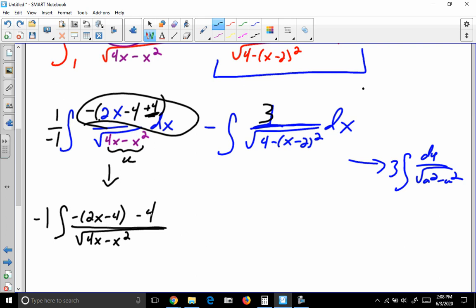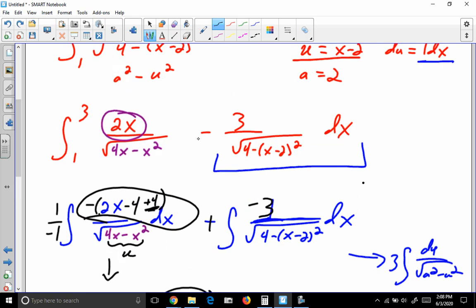This minus 4 we don't need in this integral, so we can just take it and put it over here with the other integral as part of its numerator. So just to make life simpler, let's do that. So we're adding negative 3 over that square root because that's what we had, a negative 3.